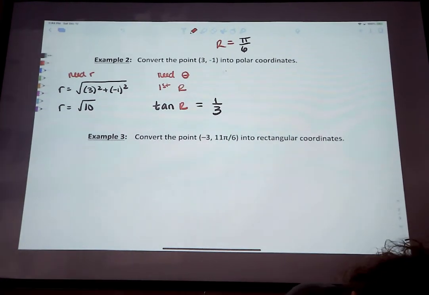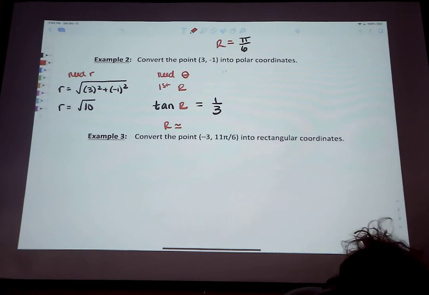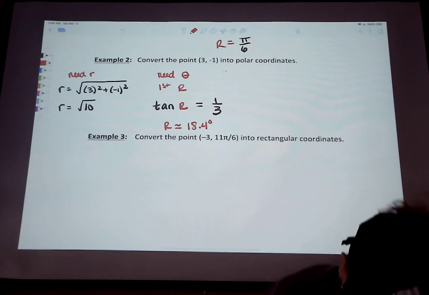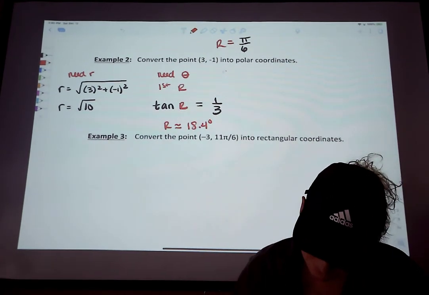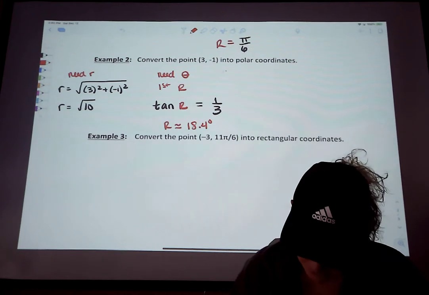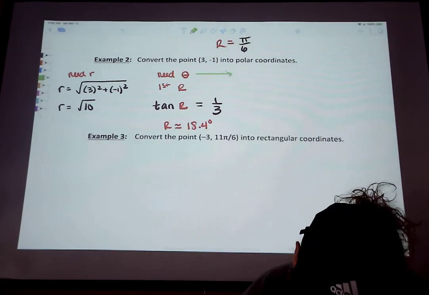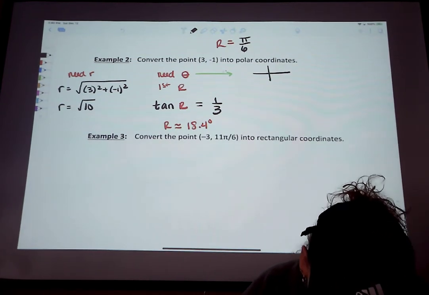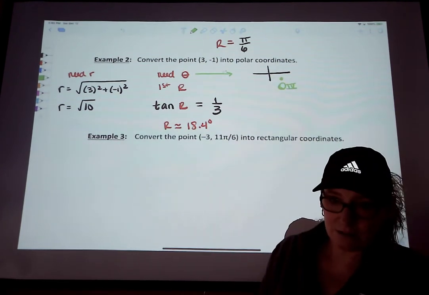I found my calculator. My reference angle is about 18.4 degrees. I'm not really sure why I'm in degrees, but I am, so okay. And then from there, let's figure out theta. So I'm going to place 3 comma negative 1. Oh, I'm in quadrant 4 again.